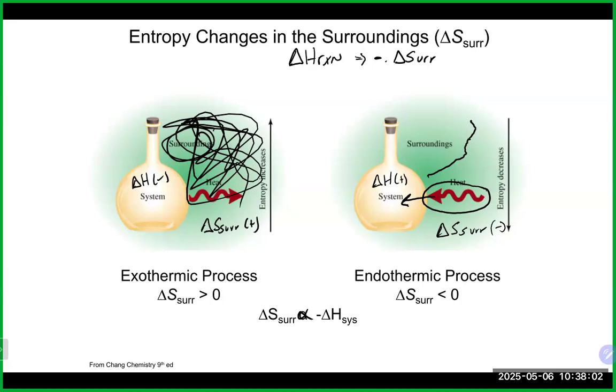I'll put the negative over here to get to our positive. So if our reaction is exothermic, our delta H would be negative, and a negative will turn our delta S of our surroundings into a positive. And if our reaction is endothermic, our delta H would be positive, and the negative of a positive would turn our delta S of our surroundings into a negative value.